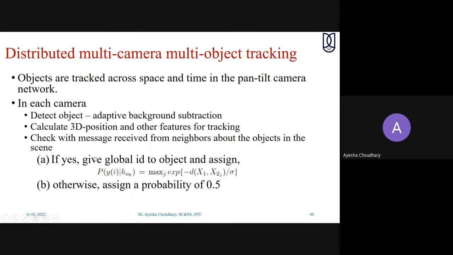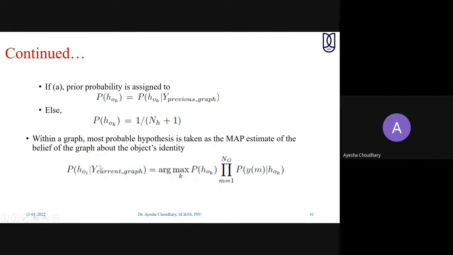Which is a probability, as you can see over here. And based on whether you have a prior probability from a previous graph, you give it a certain probability. If the person is new, which has not been seen, you give it a certain probability. And then the most probable hypothesis is what is taken as the MAP estimate of the belief of the graph about the object's identity.